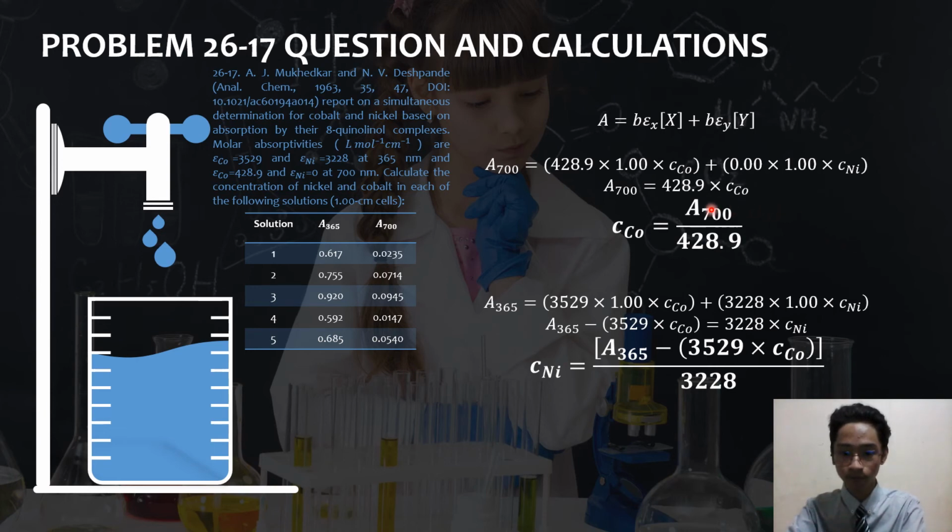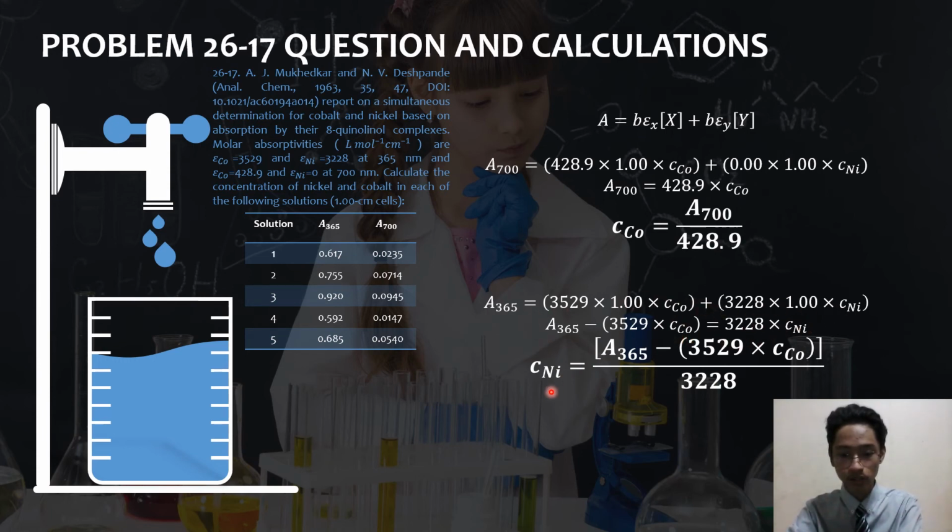Now we have the formula for the concentration of cobalt that would be used for calculating the concentration of nickel. When we get the concentration of cobalt, we will be substituting it here in the formula for the concentration of nickel, simplifying the substituted values.